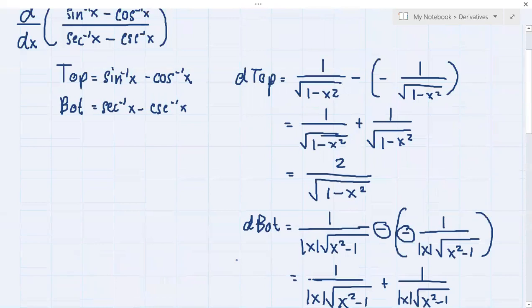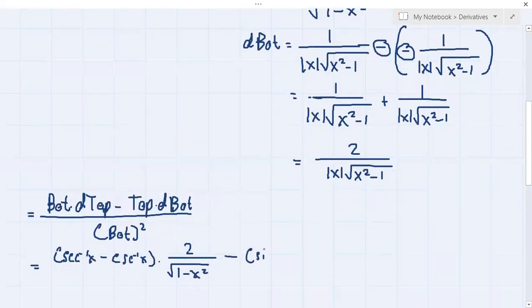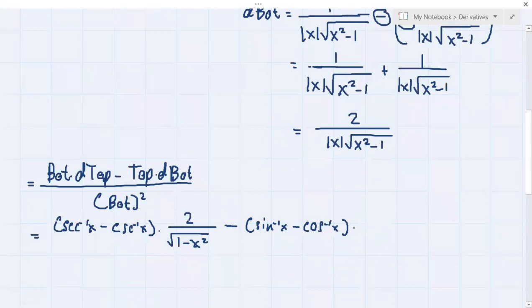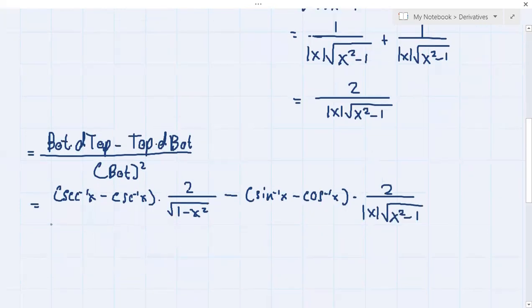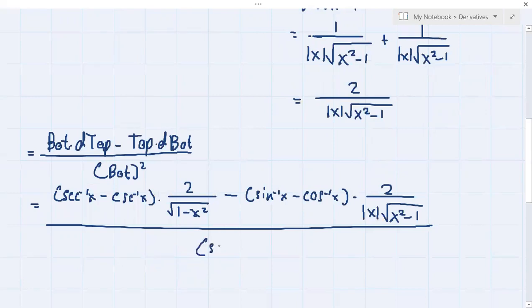Minus si top, which is arc sin x minus arc cosine x times derivative ng bottom, we have 2 all over the absolute value of x times the square root of x squared minus 1. All over, square natin si bottom, which is square ng arc secant x minus arc cosecant x. Ayan.